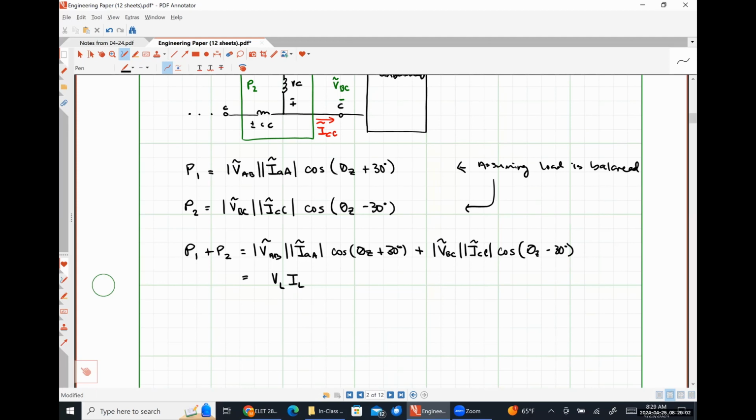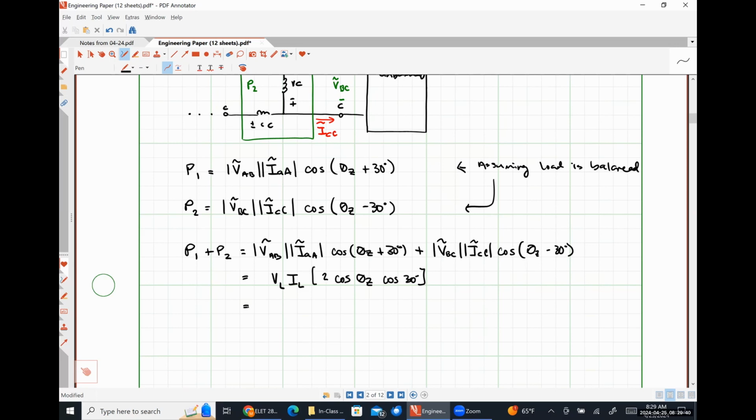So now I'm adding cosine theta z plus 30 and cosine theta z minus 30. Not going to make you guys suffer through the trig identity, but what that's going to look like is twice cosine theta z times the cosine of 30 degrees. So I would like for one of you guys to put in your calculator 2 cosine 30 degrees and tell me what comes out of that.